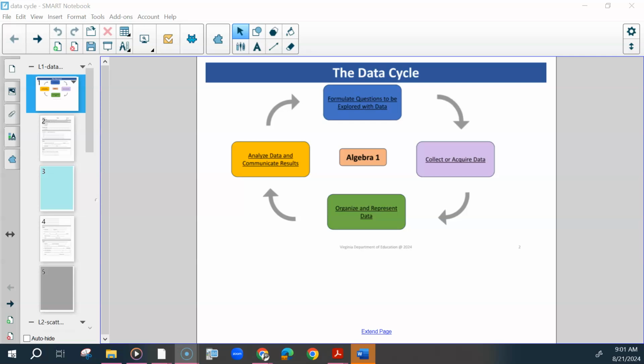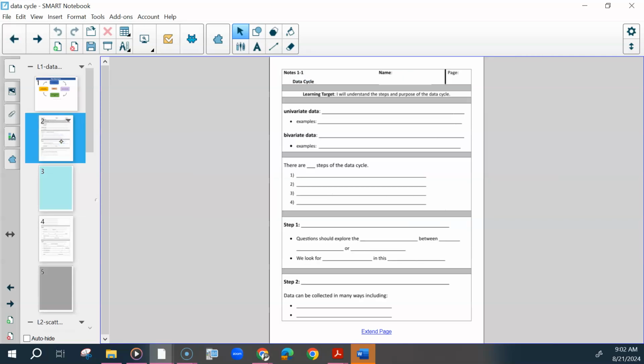And Friday, we're going to organize and represent that data, and then analyze data and communicate the results, and then formulate questions to explore with that, and so on and so forth. So you can jump in at any point in time, but the data cycle, we just have to remember these steps. Formulate questions, collect data, organize data, and then analyze it.